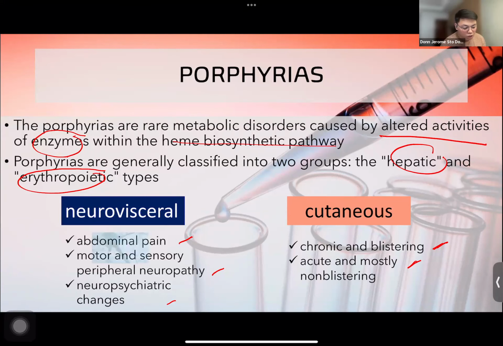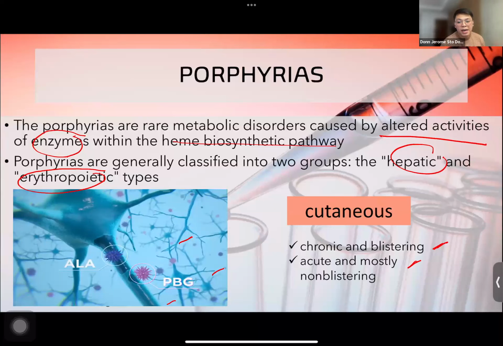Neurovisceral manifestation is caused by elevation in the earlier intermediates of heme synthetic pathway like ALA and PBG. Nauna po ba natin ginawa yung ALA and PBG dun sa heme synthetic pathway? Yes po, Doc. First and second step. ALA, delta aminolevulinic acid or porphobilinogen.